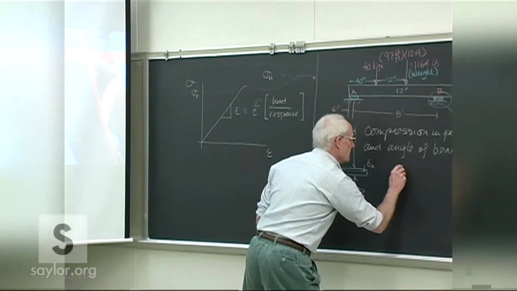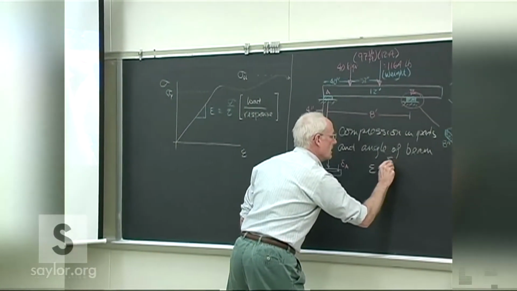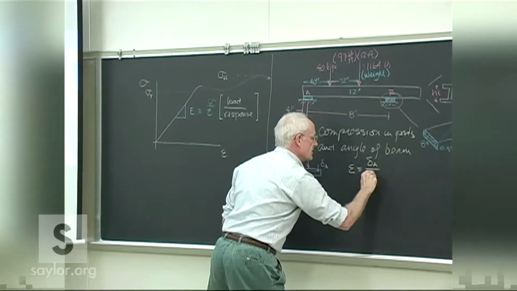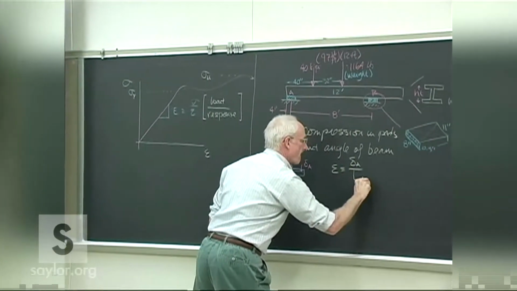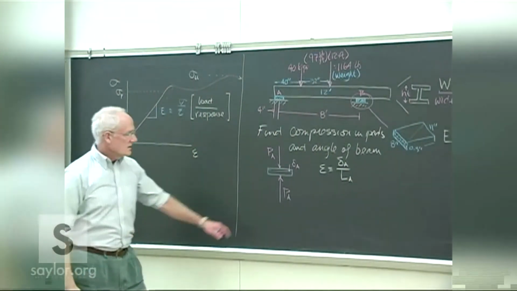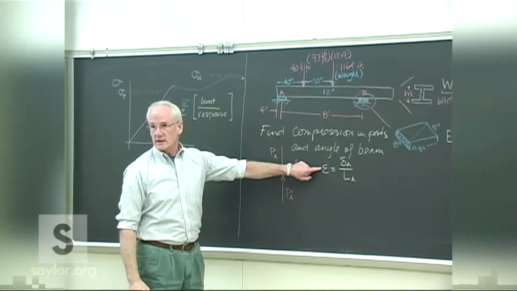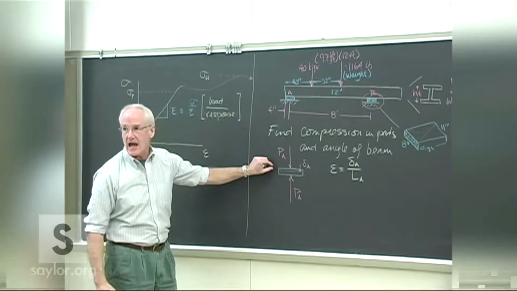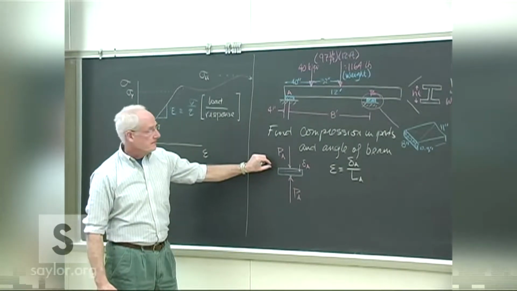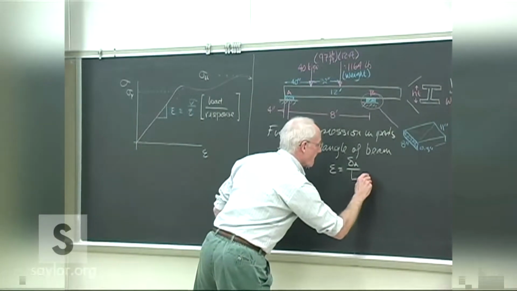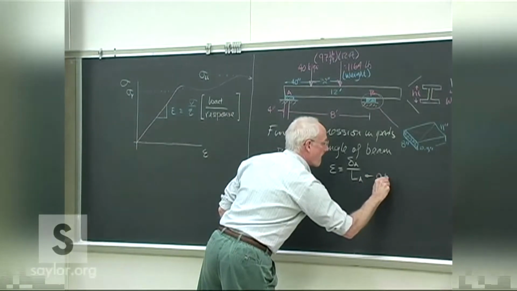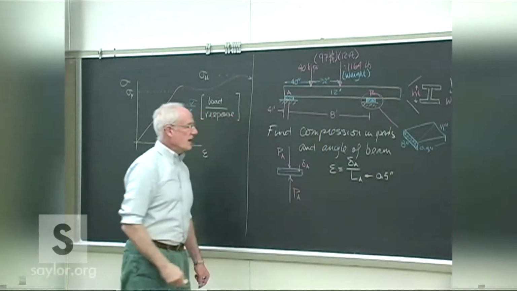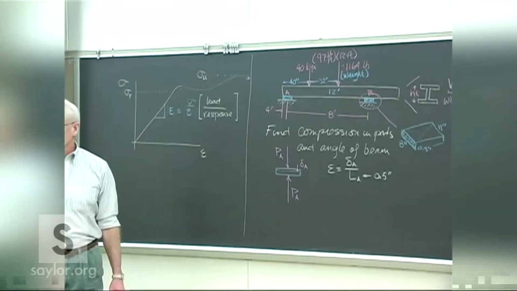Let's see, the compression is part of the strain. So if we knew how much strain was in it, we know the original length that's being compressed, that's the 1/2 inch. So if we knew the strain, we could find then the compression.